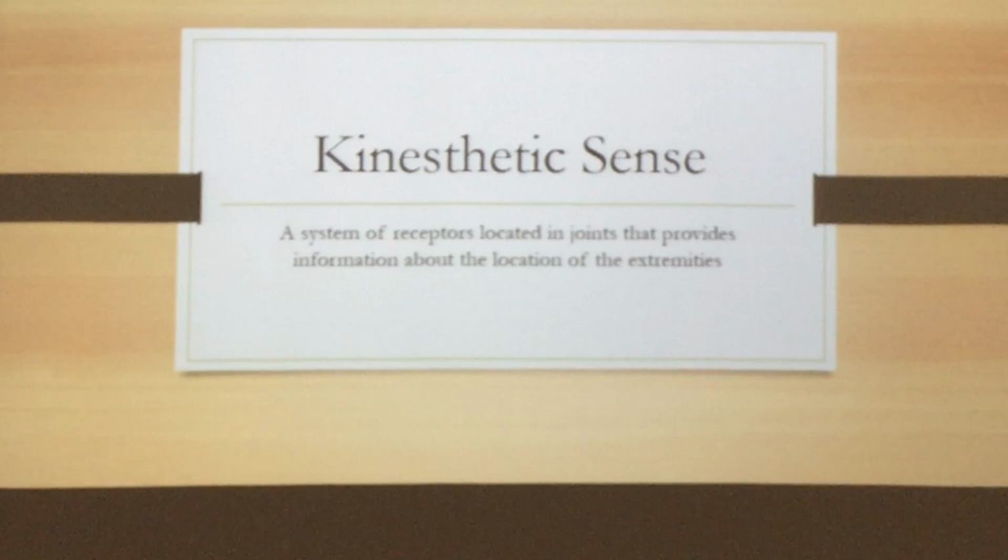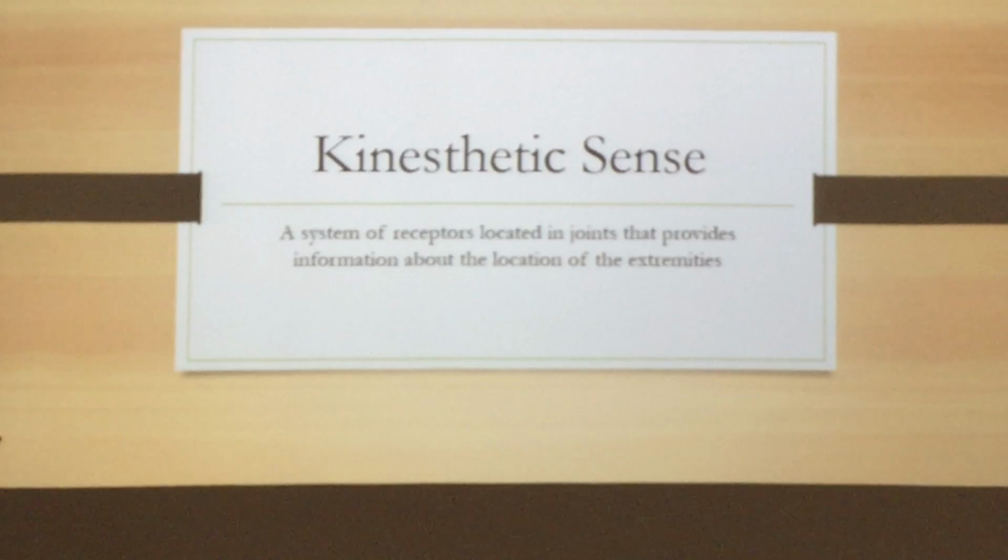The kinesthetic sense, that is a system of receptors located in the joints that provides information about the location of the extremities. Can you imagine how frustrating it would be if we did not have anything to send the brain information about what our arms and legs are doing?